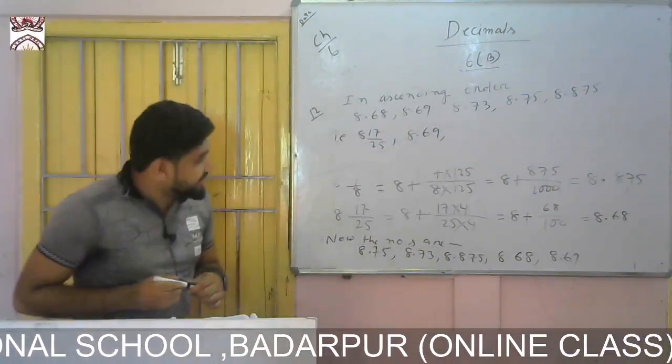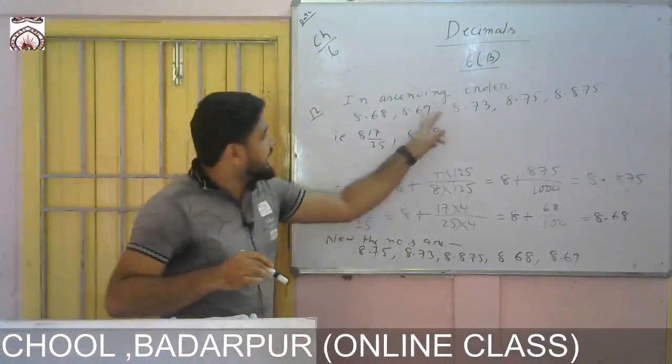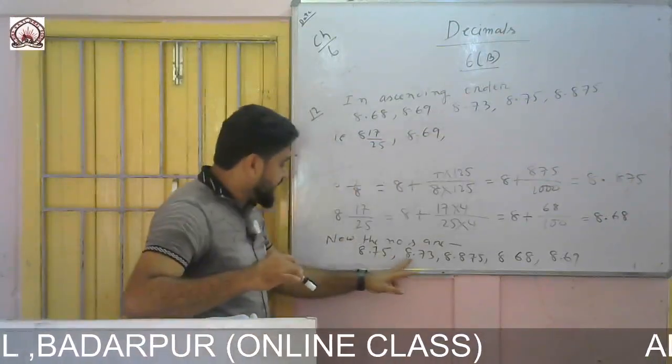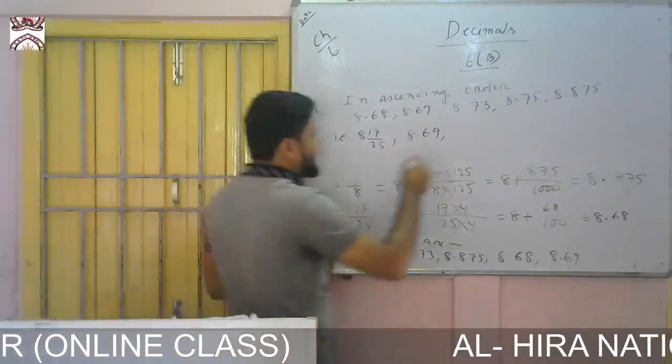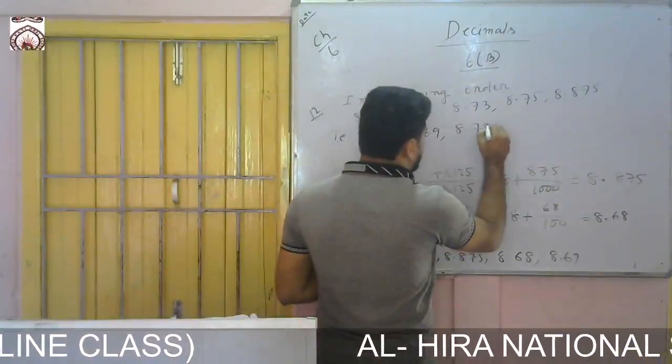Then 8.73, which is there in the book, so write 8.73.